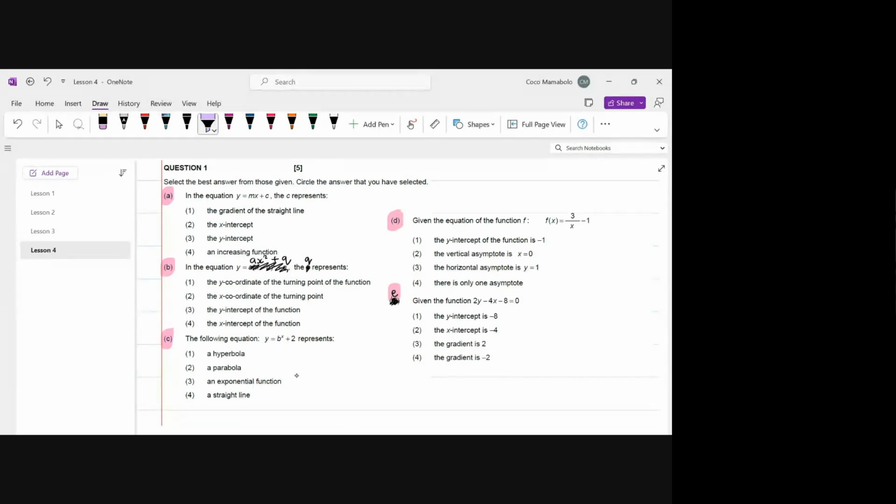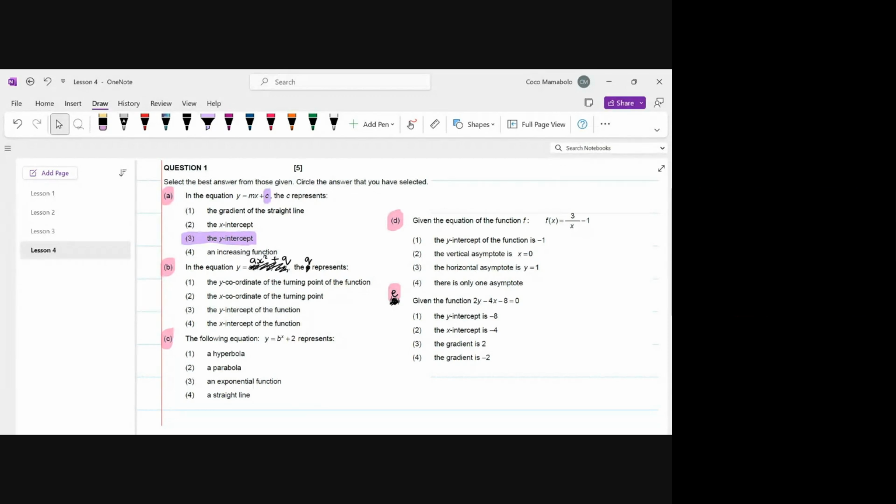Anybody? No, not number 4. The y-intercept. It is indeed the y-intercept. So the answer C there stands for the y-intercept. So that's number 3. The answer we're looking for there, number 3.